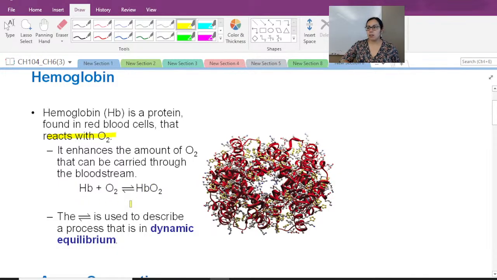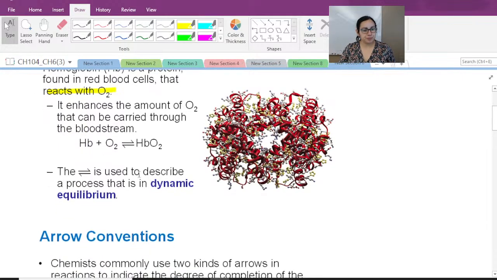That causes the hemoglobin to release the oxygen in your leg or whatever other bodily extremity. Then the naked hemoglobin makes its way back to the lungs to start that whole cycle over again. That's how equilibrium is used.